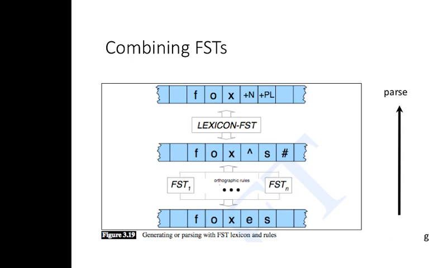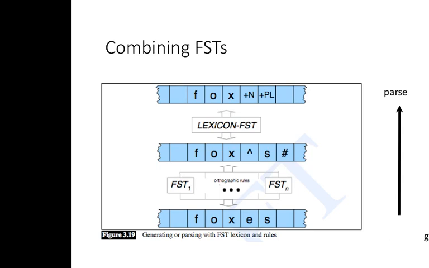So you can take FSTs and put them together to make bigger FSTs that do more magical things. This is a process called composition. So we can take our lexicon FST that handles our morphotactic rules and our orthographic rules, this FST, which is probably actually a combination of other littler FSTs for each of the rules, and use them together.